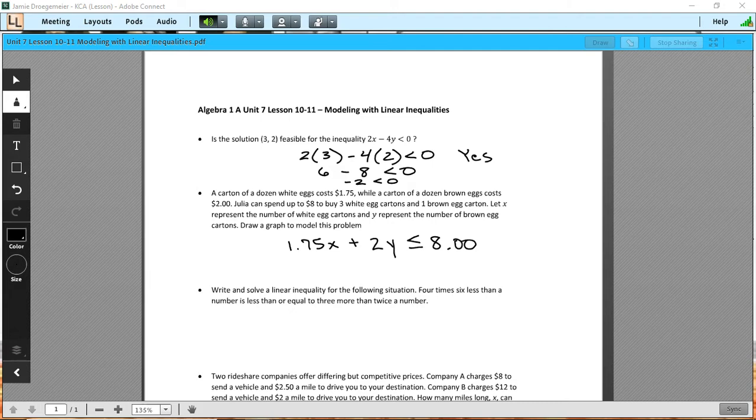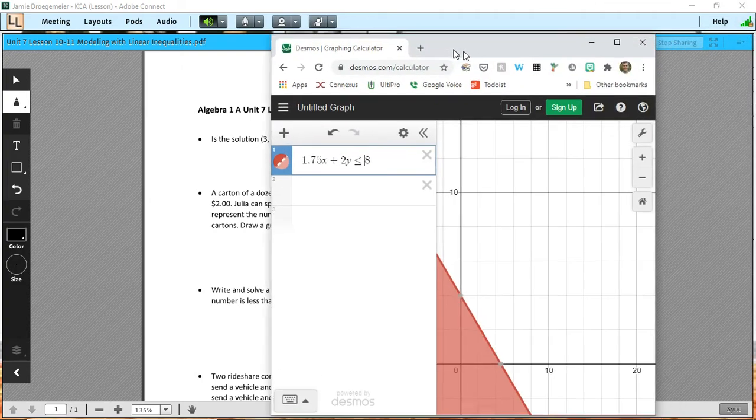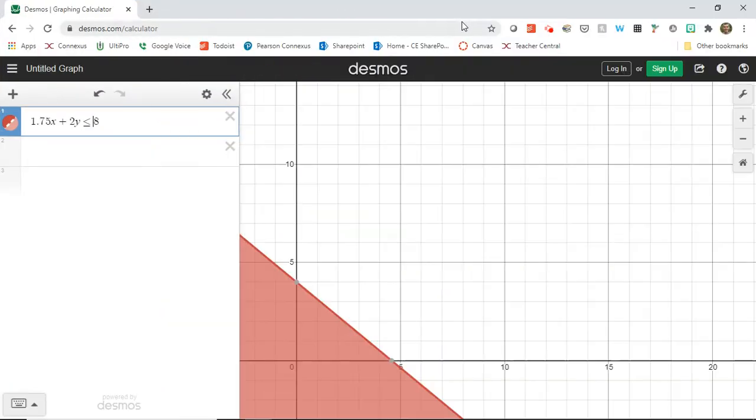And so since it asks us to graph this, I'm going to pull over my Desmos graph here. So I have plugged that inequality into Desmos, and you can see the graph that it creates.